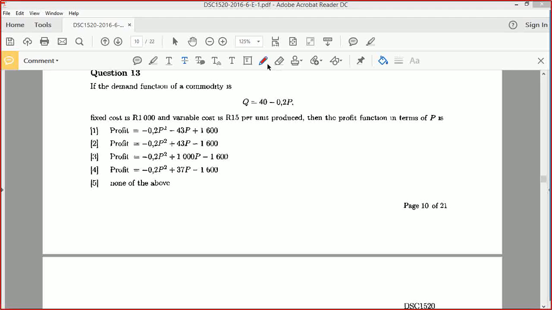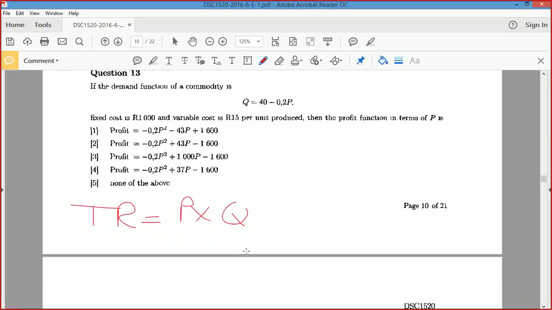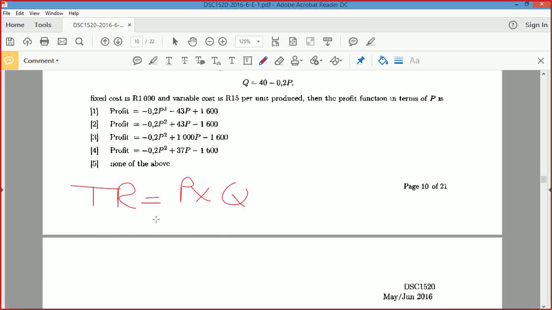No, they give you fixed cost and variable cost. No. Total revenue, price is what? Price times quantity. Did they give you price? No. Did they give you quantity? Yes.